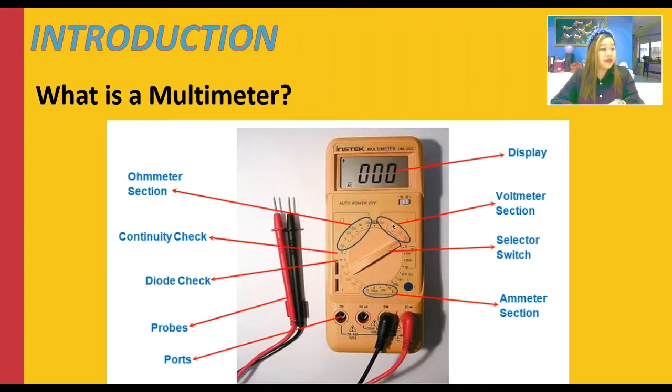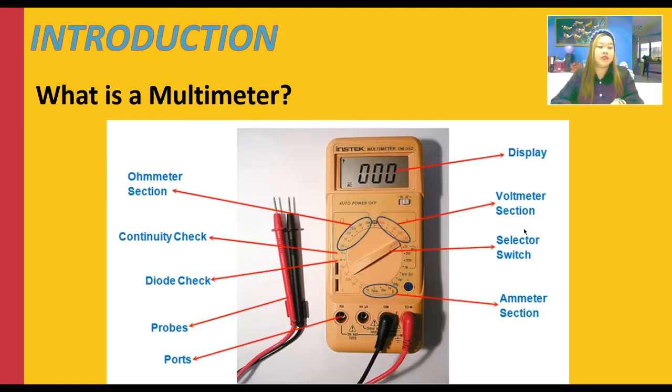In this image, our ammeter section is there, our voltmeter section is there, and our ohmmeter section is there, and this rotary dial is also used for us to select the range for the voltmeter, ohmmeter, and ammeter for each section.